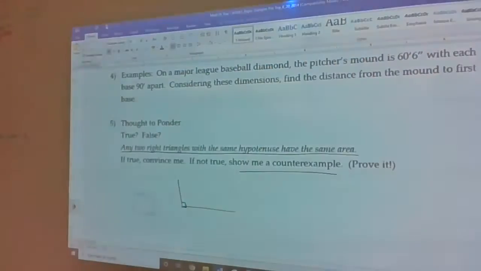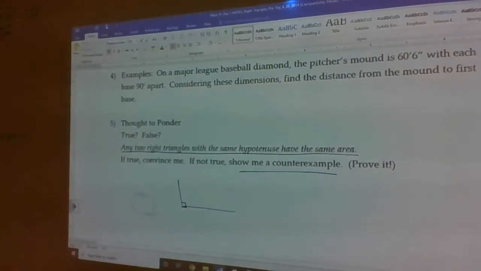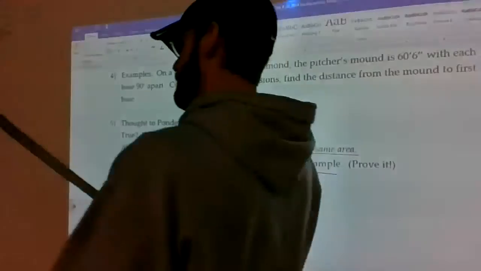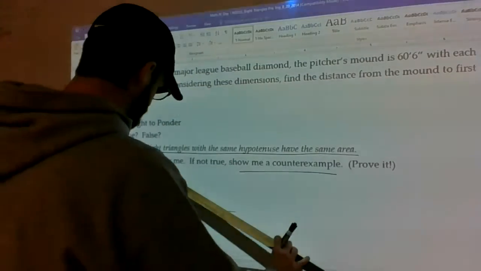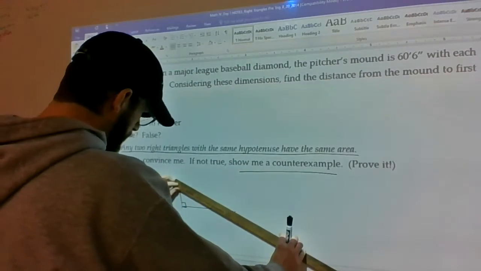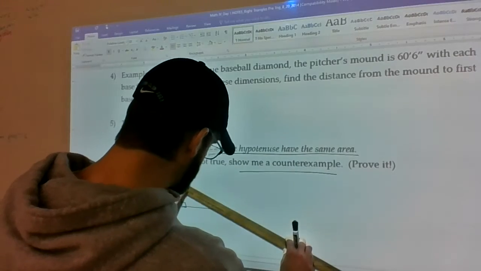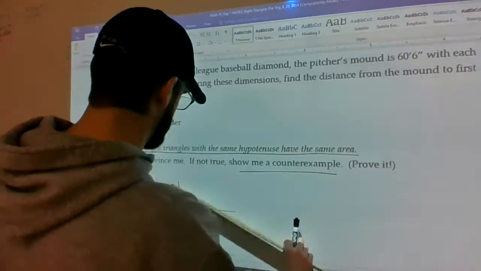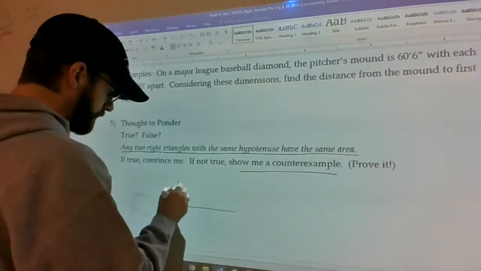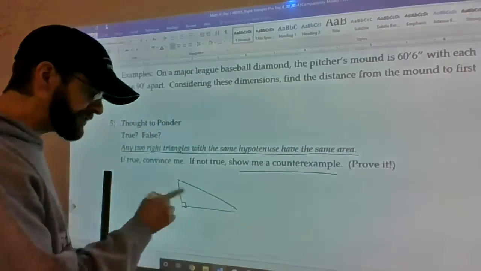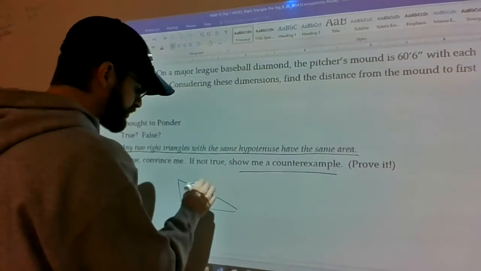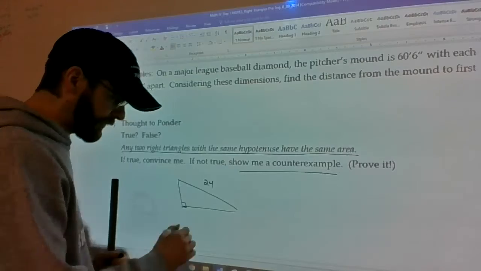Where's that yardstick? I will literally measure out the hypotenuse. So this hypotenuse is exactly 24 centimeters. So this specific right triangle has 24 centimeters for its hypotenuse.